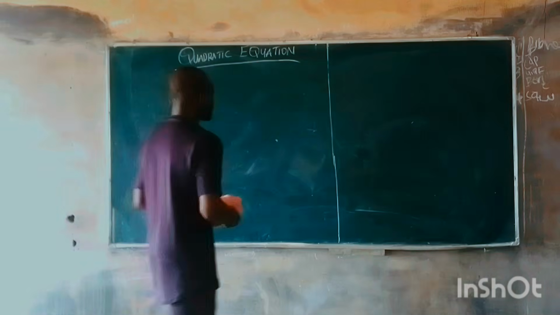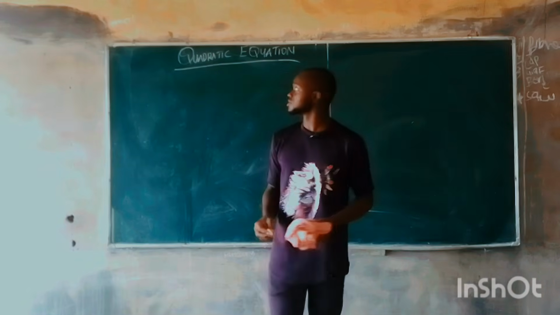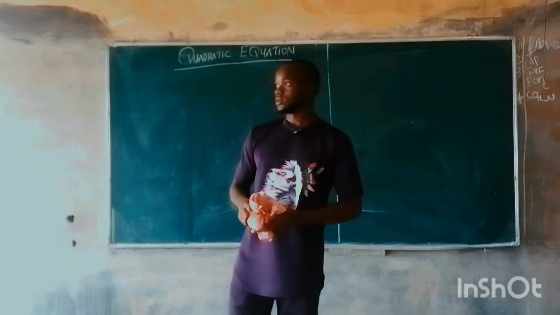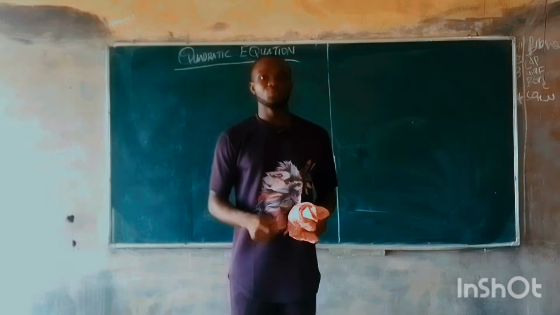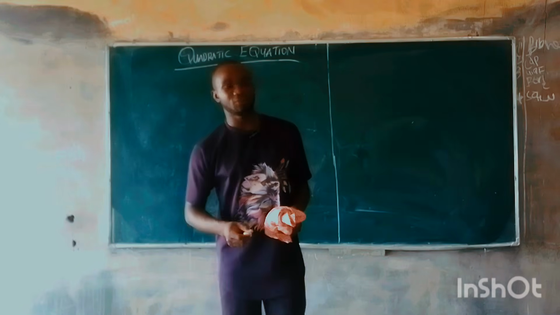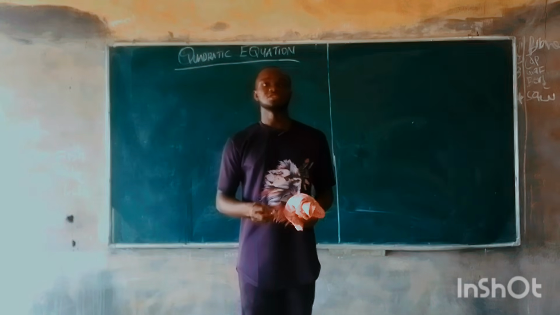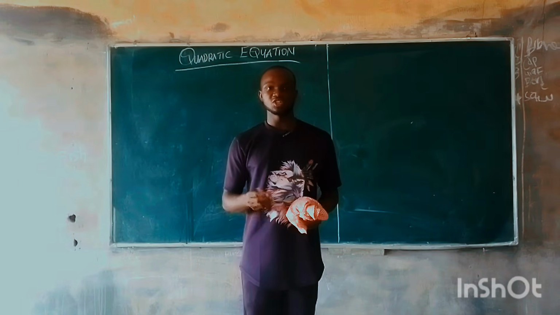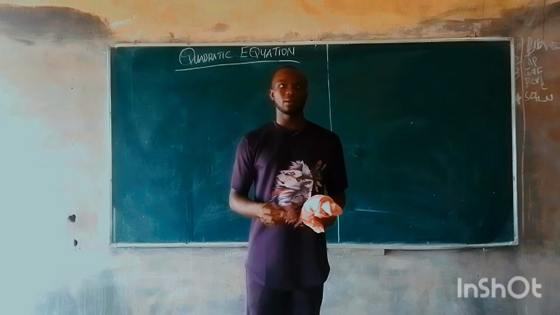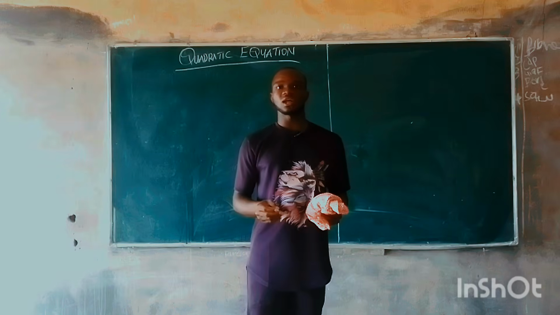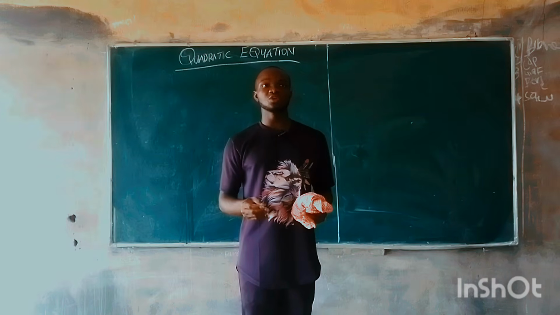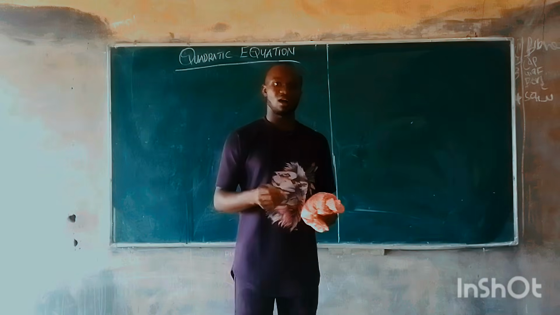Just like you said, we're going to look at quadratic equations. I believe that you've heard about quadratic equations before. Now, a quadratic equation is simply algebra. It's an algebraic equation. When we talk about algebra, we are talking about a combination of numbers and alphabets.